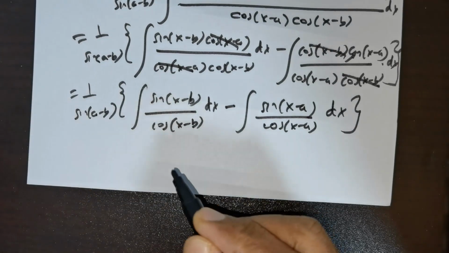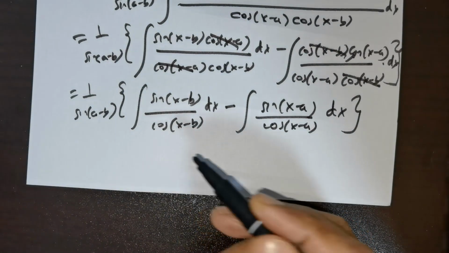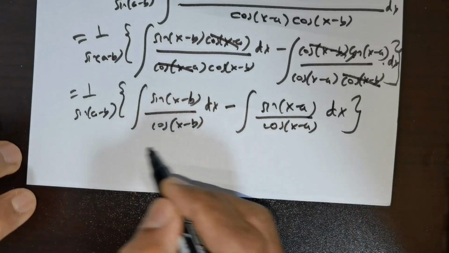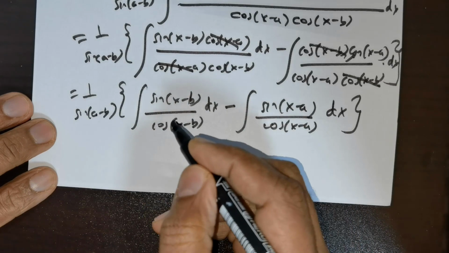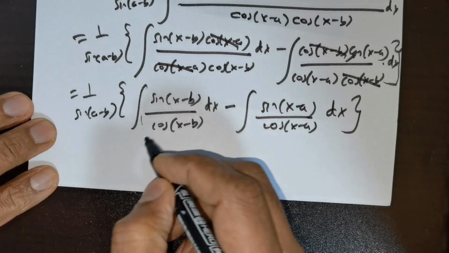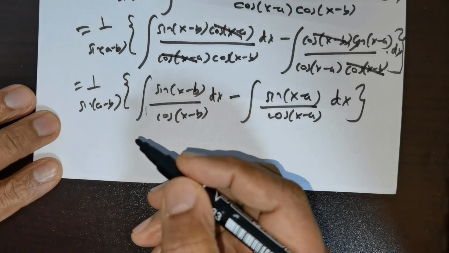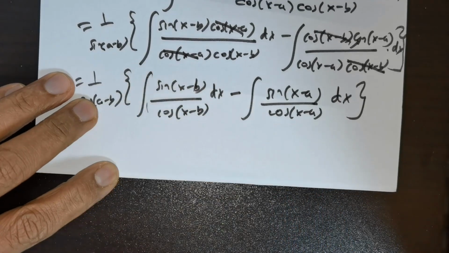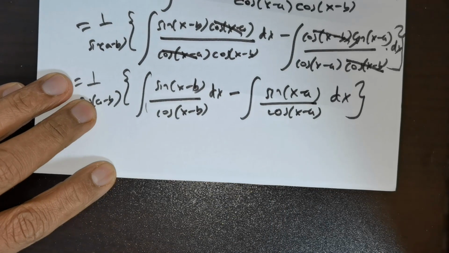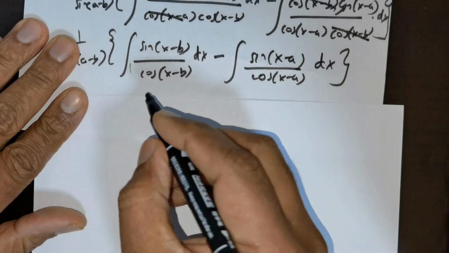Now this is a straightforward integration, right? If you were to integrate this quantity, this is going to be tan, and you can integrate this by taking a substitution, or if you are not really familiar, let me show you the way in which we can integrate.